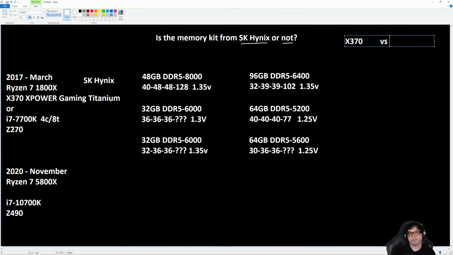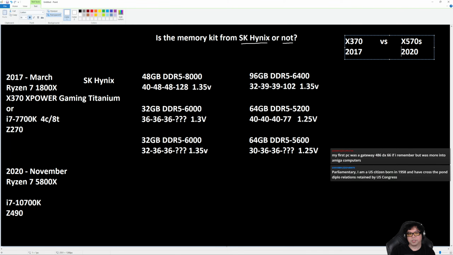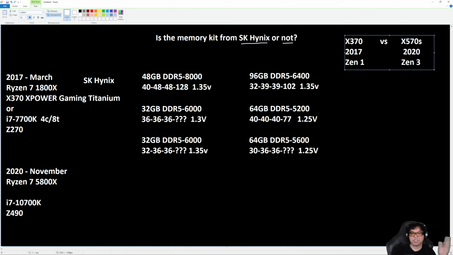X370 versus X570S, the last of AM4 motherboards, the final level. The S stands for silent. No more active fan on the chipset. So this, 2017. The S, 2020. X370 was meant for Zen 1. It launched with Zen 1. X570S, a refined version of X570, was meant for Zen 3. So we went from Zen 1 to Zen 3.